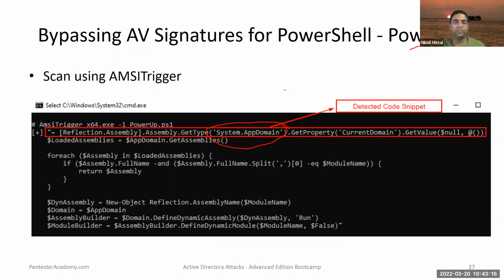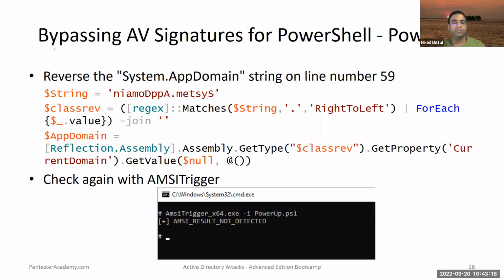So what can you do in this case? Something as simple as this, simply reverse the string. All right, so what we are doing, we reverse the string and then use it in line number 59 of PowerUp, the stock PowerUp version that you can get, let's say, from the PowerSploit repository. And then if you check it with MZ trigger, there would be no detection.